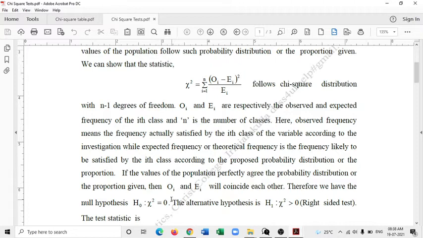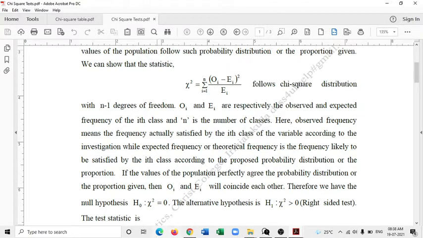That is, H0: chi-square equal to 0 versus H1: chi-square greater than 0. Now, the critical region corresponding to the alternative hypothesis can be obtained from the tables of the chi-square distribution. Since this is a right-sided test, we set the critical region on the right side of the frequency curve.